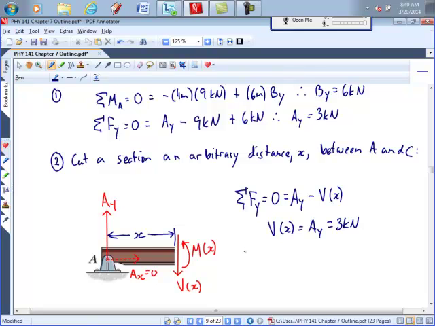All right, what about the bending moment? To find the bending moment, we're going to have to find the moment about a point. What point should we use? I could either use A or this arbitrary point here, x. It doesn't matter. So since A is fixed, we'll do the moment about A. What's going to produce a positive moment about A? Right, the bending moment is a function of x.